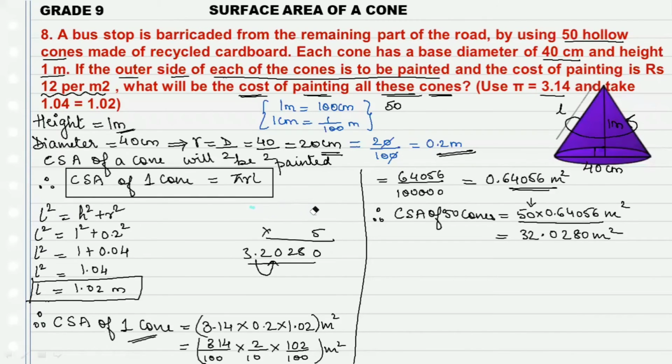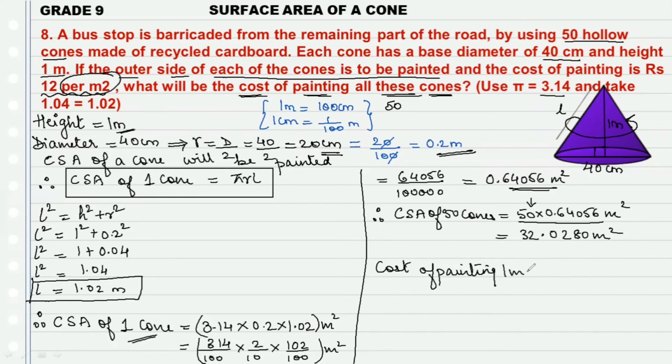Okay, but now the question is to find the cost of it. The cost of painting these cones, right, at the rate of 12 per meter square. So let's start. Cost of painting per meter square, it means 1 meter square is rupees 12, right? So now we have 50 cones. The area of 50 cones is 32.0280 meter square.